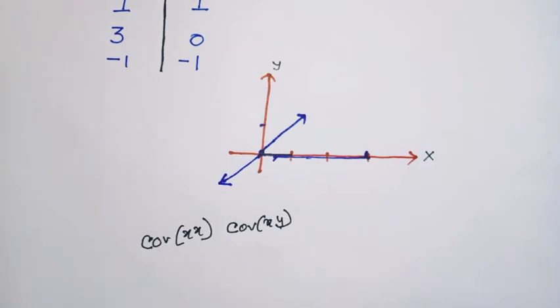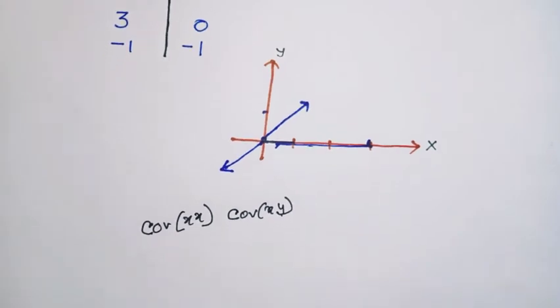Then we write the covariance of y and x, and then the covariance of y and y.